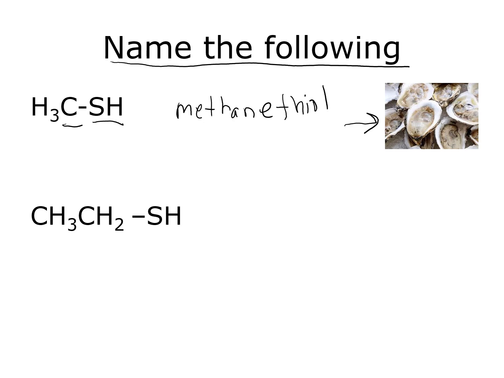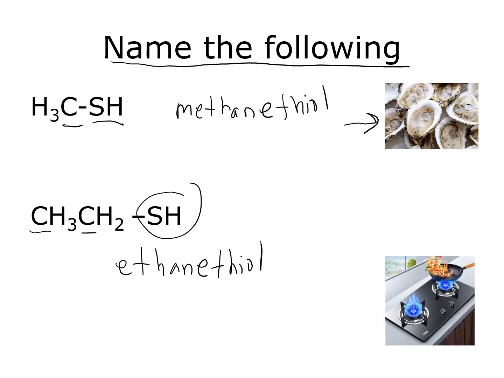The next compound, we have 2 carbons, so the name is going to be ethane. We have a thiol as our functional group, so we include that in the name. It's ethane thiol. And again, 2 carbons, we don't have to put a number in the front to show where that thiol is attached, because if it's attached at either one, it would still be carbon 1.